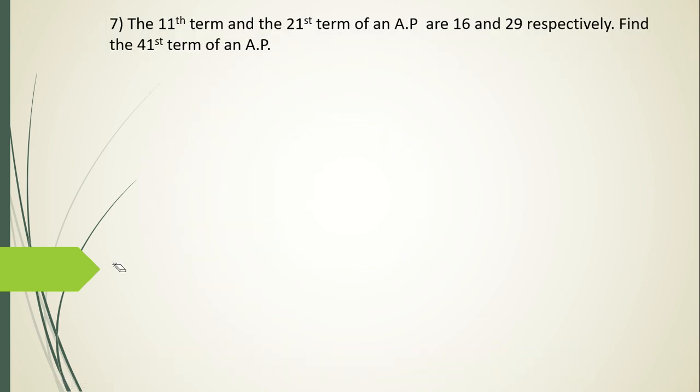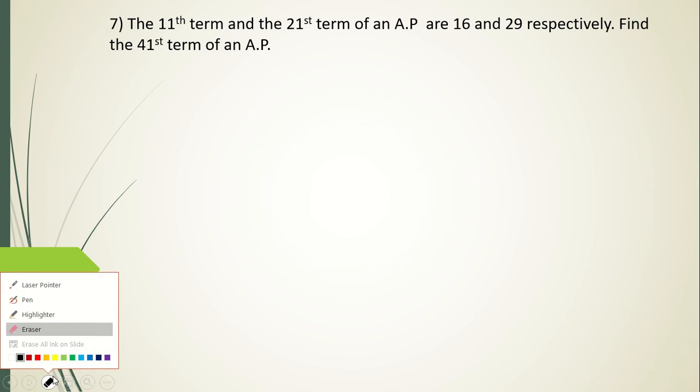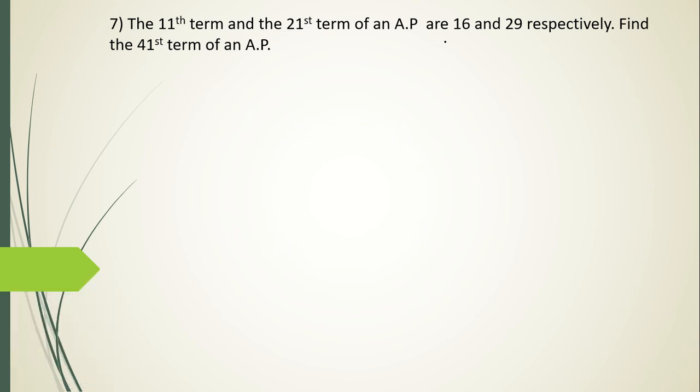Next sum. The 11th term and 21st term of an AP are 16 and 29. So just write down quickly. T of 11 is 16 and T of 21 is 29, respectively. That word is very important.